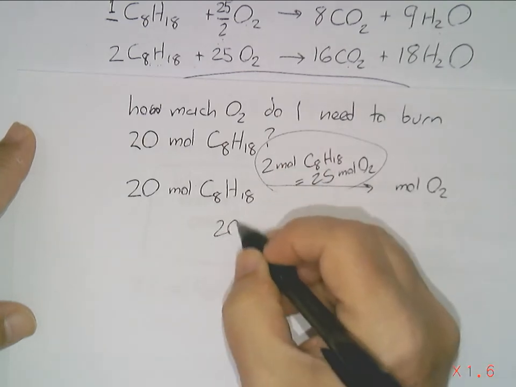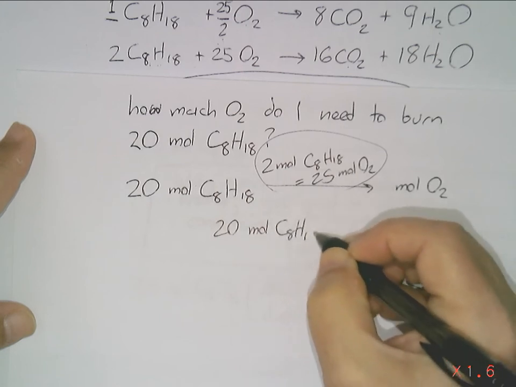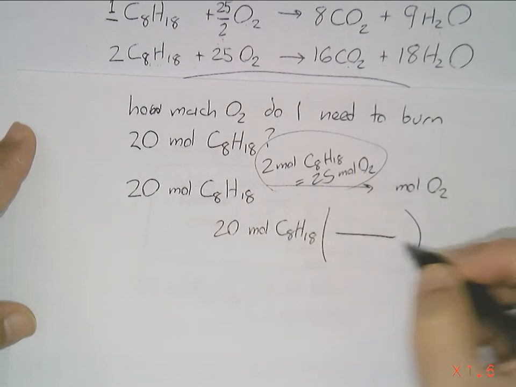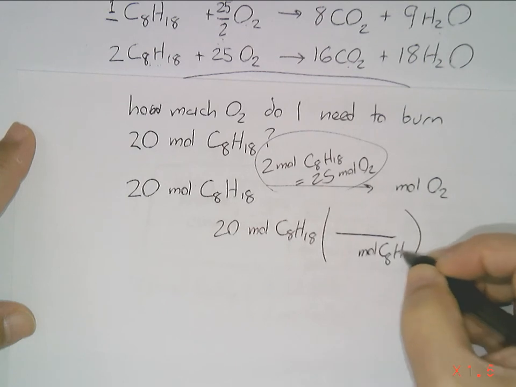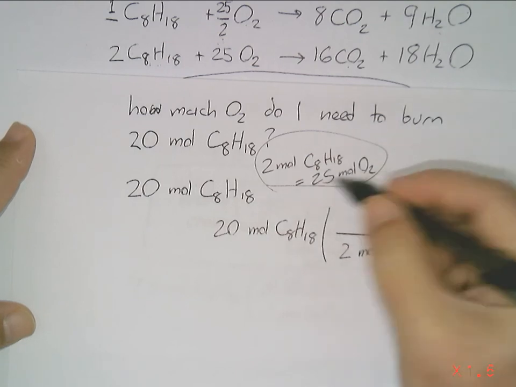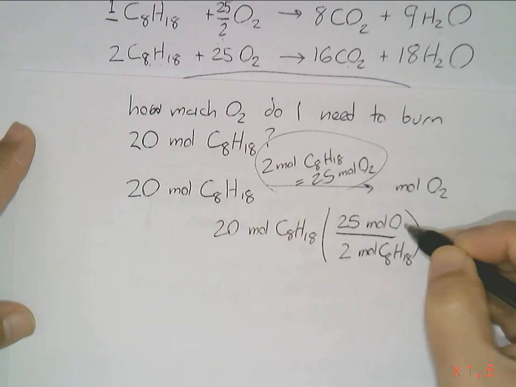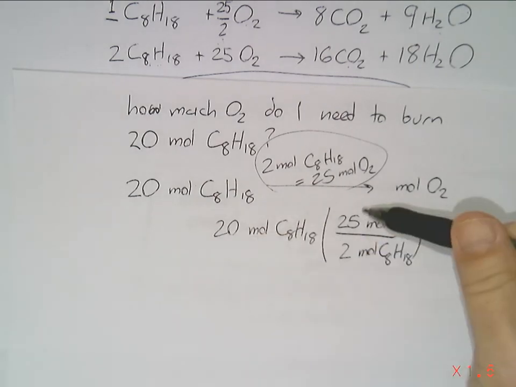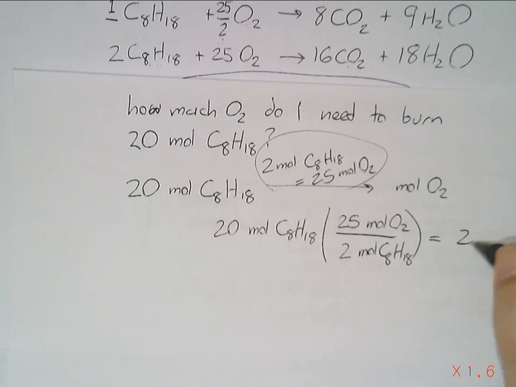So 20 moles, I'm going to have to put the moles of C8H18 on the bottom so they'll cancel out. There's a 2 sitting in front of it, and on the other side there's 25 moles of O2. So it'll be 20 times 25 divided by 2, so that one I can do in my head. It's, what, 250, right?